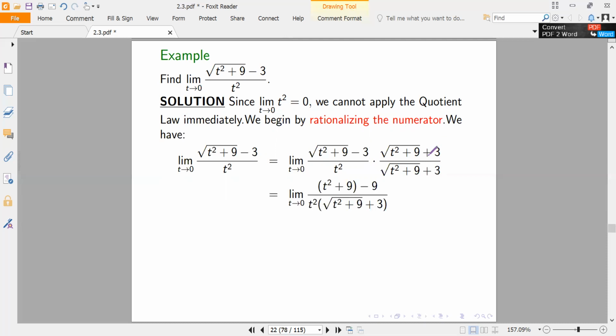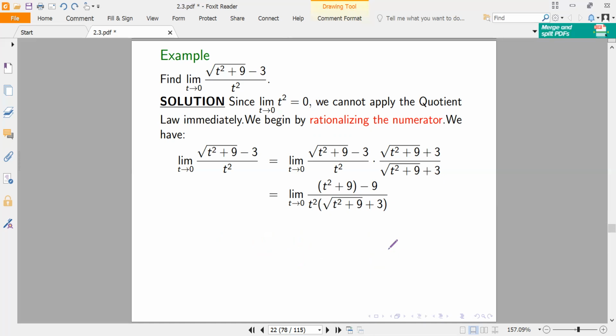On the denominator, there's nothing we can do. We can multiply t squared with the square root, so we're just going to leave it like that. On the numerator, after multiplying all these, you're going to end up with the square root of t squared plus 9, all squared, the first term squared minus the second term, 3 squared.